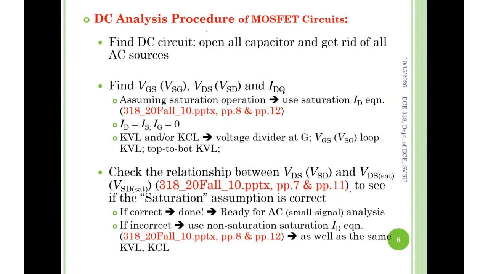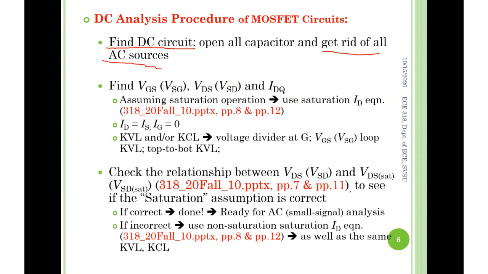So how to conduct the DC analysis? First, you need to find a DC circuit. How to find a DC circuit? This is based, once again, on the superposition principle. You keep the DC supply. However, you need to get rid of the rest of the independent sources, which are AC sources.